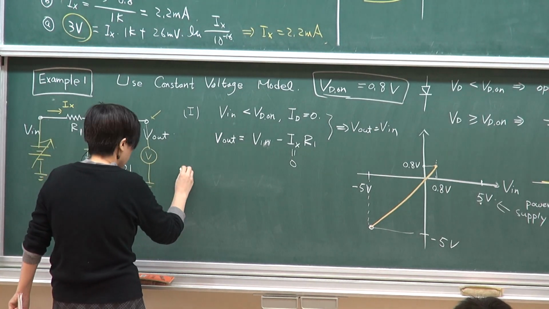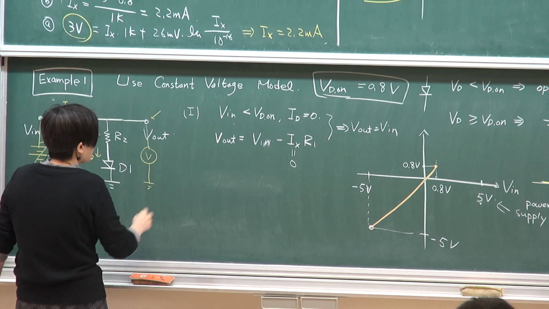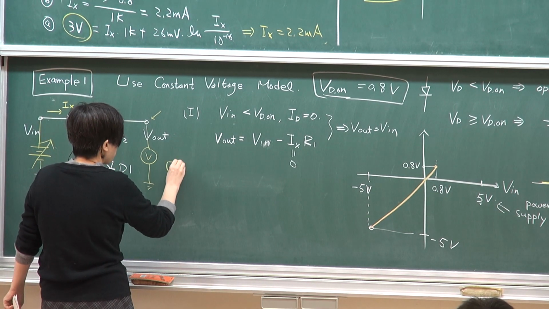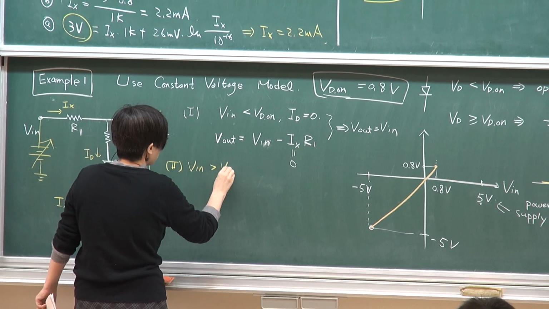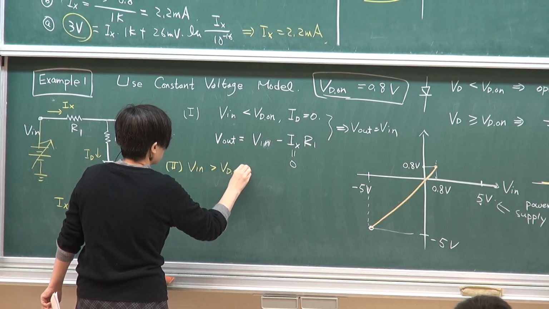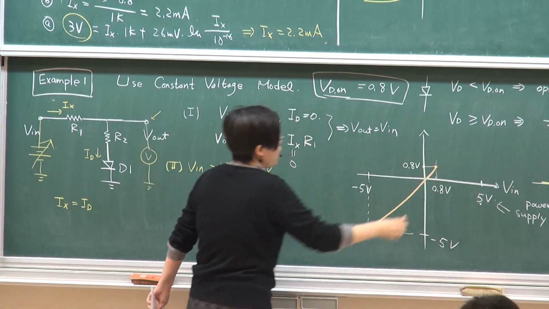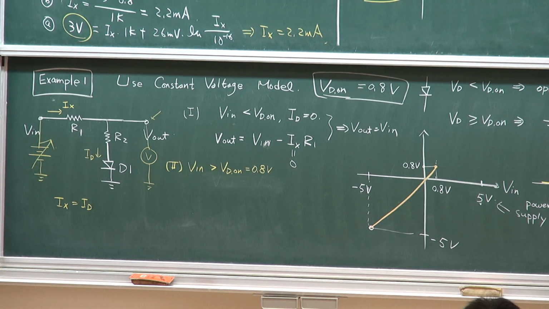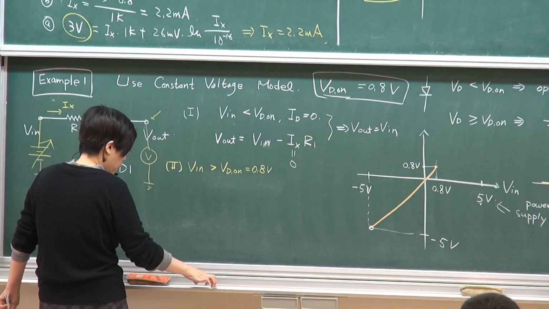So if we look at the second part, what happens if Vin exceeds 0.8 volt? In region 2, what happens when the diode turns on? When the diode turns on, your circuit will look something like this.